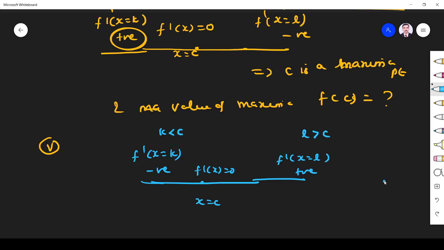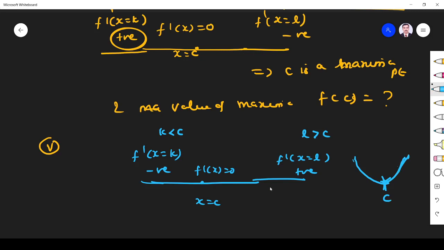So here what is the meaning of c? At this point c, before that the slope is negative. Slope is negative means it is coming down. After c, L must be at least 0.1 greater than c, so after that point the slope is increasing.